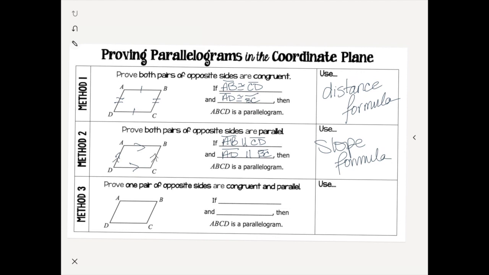The third method is to use both the distance and the slope formulas. So if AB is congruent to CD and AB is also parallel to CD, then we can say that ABCD is a parallelogram. So we're going to use these 3 methods to prove that these figures are parallelograms.